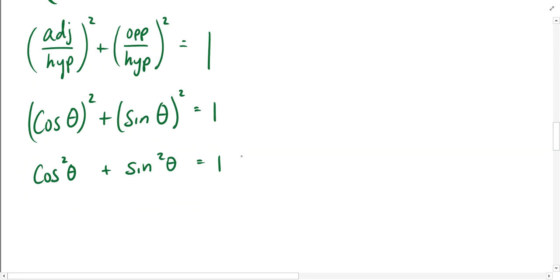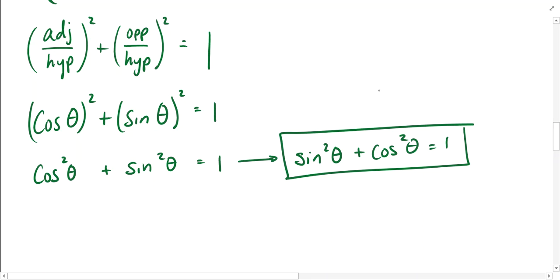Now I do want to point out that most textbooks actually report this trigonometric identity in this order, and I'm not entirely certain why, but this is perhaps a more common way to write it. They usually write sine squared plus cosine squared equals 1. And this is perhaps the most famous and popular trigonometric identity. It's sometimes called the Pythagorean Identity.